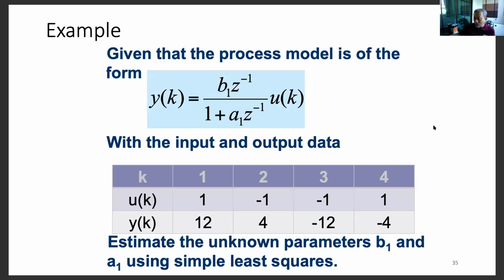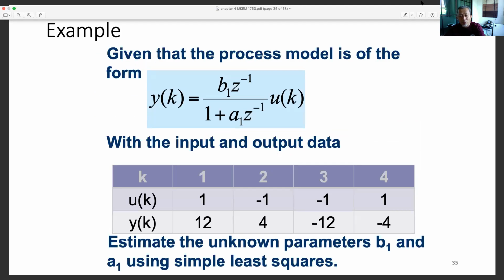Right, so let's go to the given example here. We do it together using a whiteboard. Given that the process model is of the form y k equals b1 z minus 1 over 1 plus a1 z minus 1 times u. u is the input, y is the output, and z is the z operator in the discrete form transfer function.